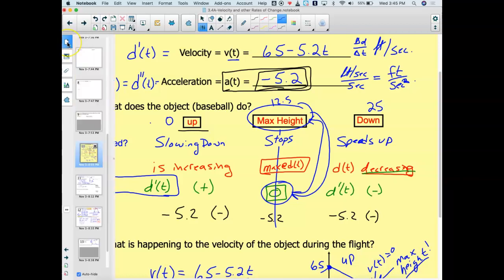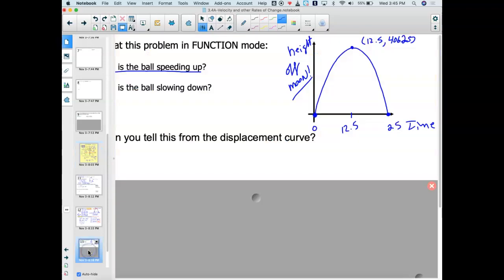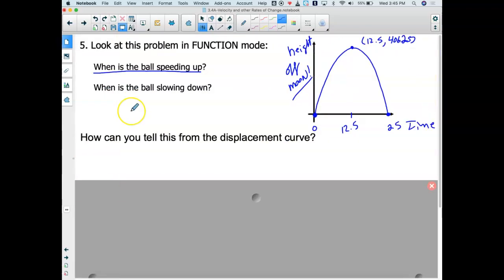So I know the ball is speeding up on the interval from 12.5 to 25. And I know the ball is slowing down from 0 to 12.5.